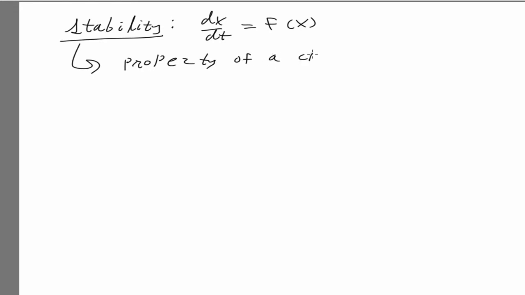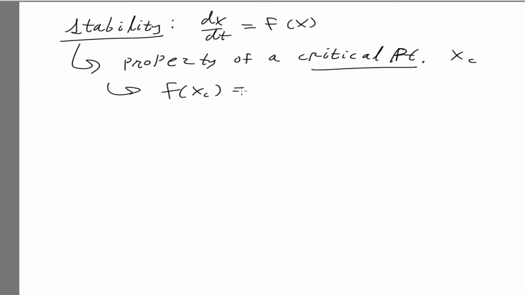So again, we have dx dt is equal to f of x. Stability is a property of a critical point xc. So again, this critical point, by definition, f of xc is equal to 0.